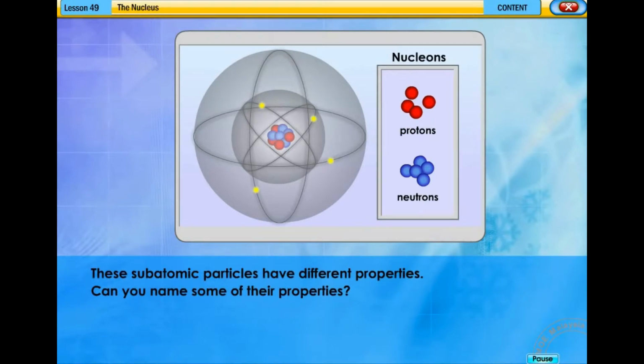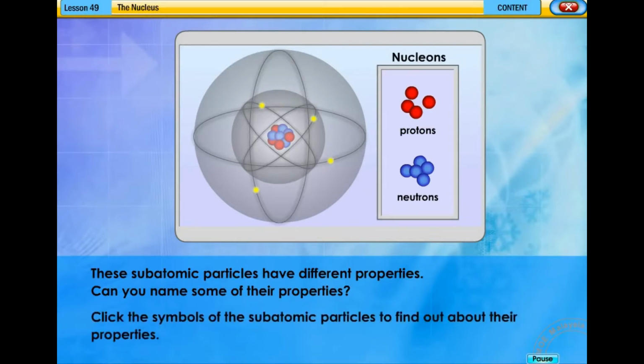These subatomic particles have different properties. Can you name some of their properties? Click the symbols of the subatomic particles to find out about their properties.